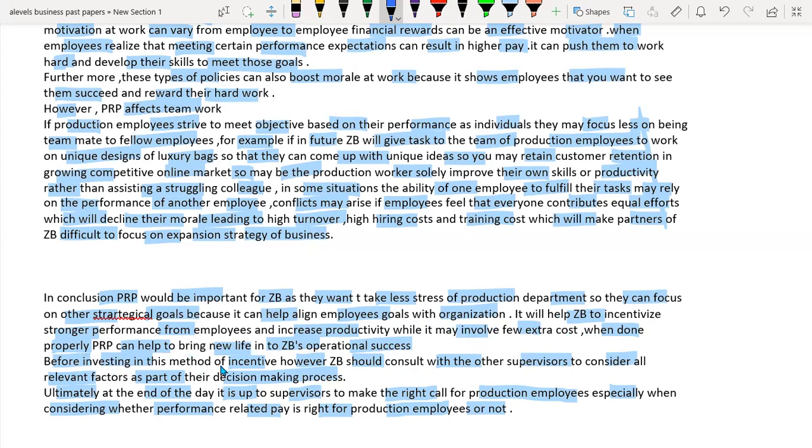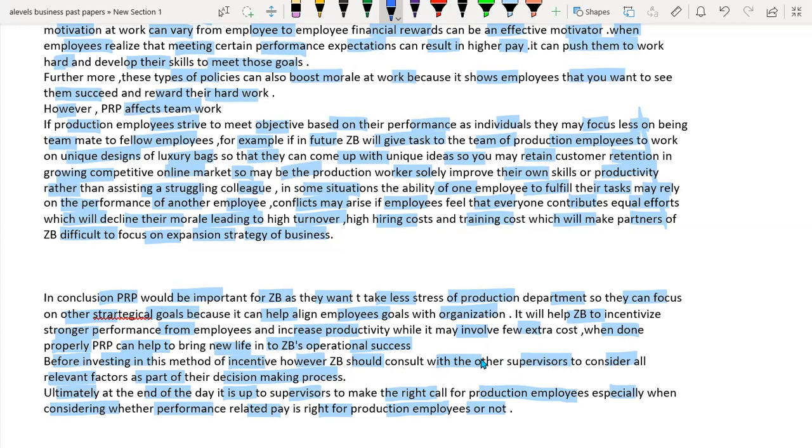Before investing in this method of incentive, however, ZB should consult the other supervisors, because this is the advice from only one supervisor. But in the case study, they talked about the two supervisors they are going to hire. So taking on PRP by only listening to one supervisor's suggestion is not a good option.